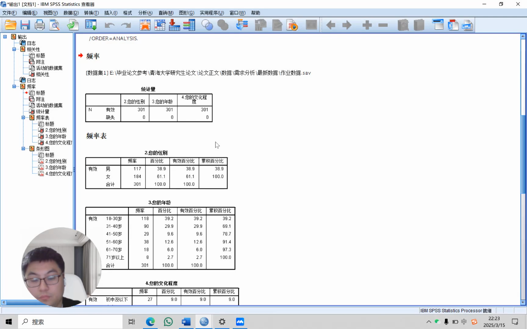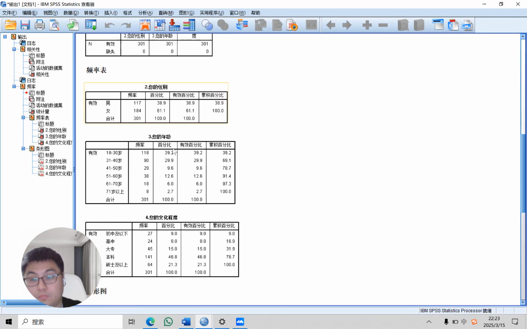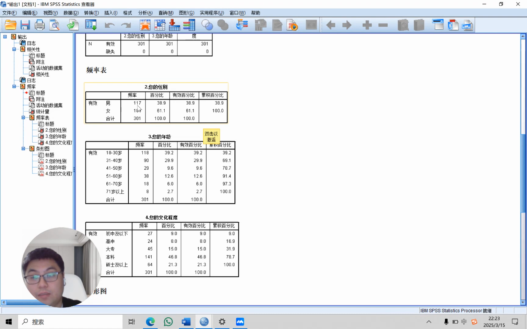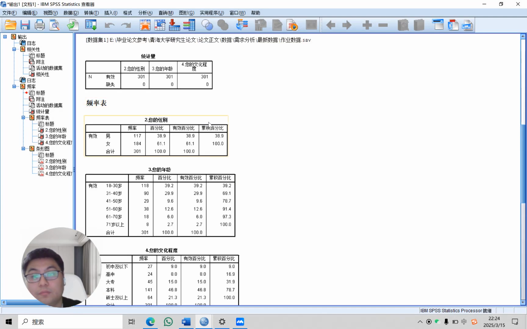For example, regarding gender, it shows that there are 117 men, accounting for 38.9%. The valid percent represents the percentage after removing missing data, but because we don't have missing data, it is the same as the previous value.